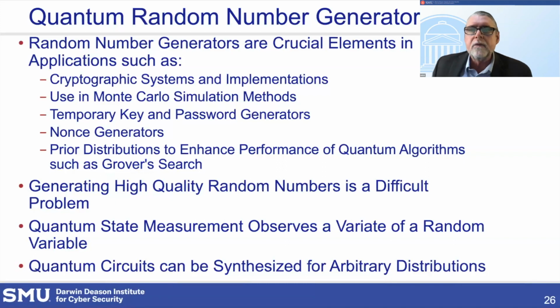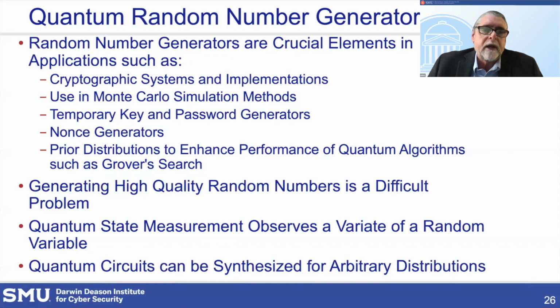So now I want to talk about an application of Oracle synthesis. And in particular, I'm going to talk about quantum random number generators. Random number generators are crucial elements in many different contemporary applications, such as cryptographic systems and their implementations.